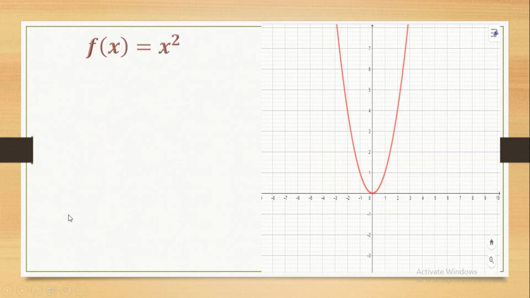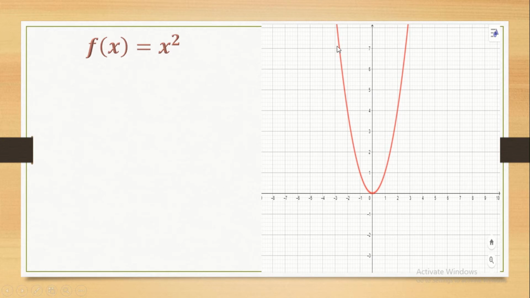Another example, if we have f of x equals x squared, let's study it graphically, then we're going to learn how to calculate the limit. Note that as x increases, we say x tends to plus infinity. What's happening to the function f of x? As you note, it tends towards plus infinity. Also, as x decreases, which means x tends to minus infinity, f of x will tend to plus infinity.